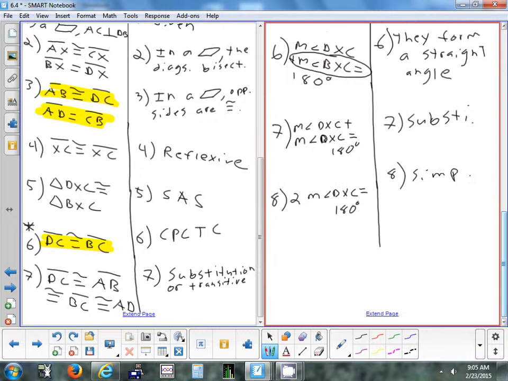And now how would I get angle DXC by itself? And get that 2 on the other side. Okay, divide each side by 2. So how much is the measure of angle DXC? It has to be 90. You divide each side by 2, you get 90. That's the division property of equality.